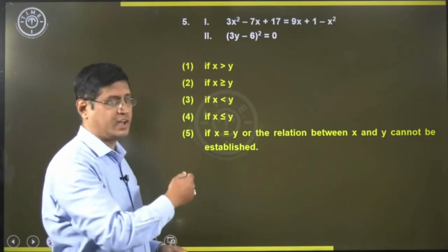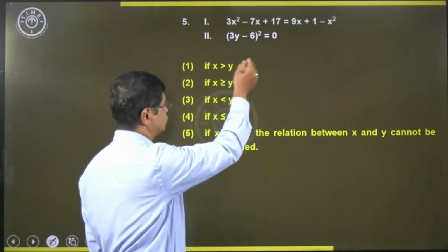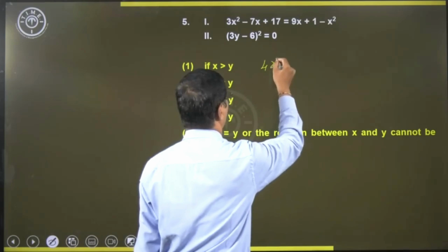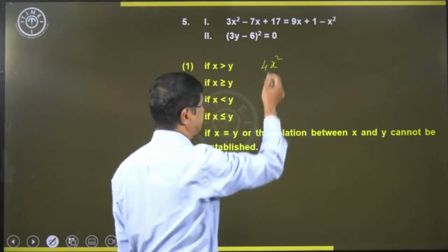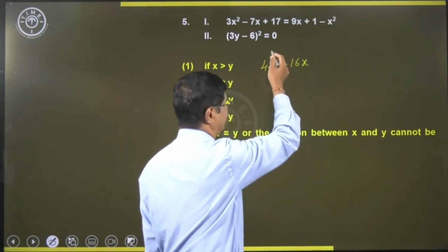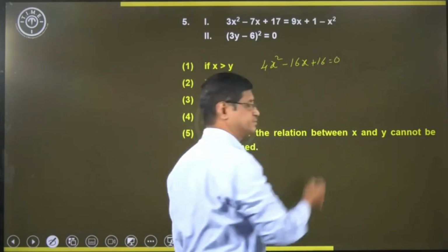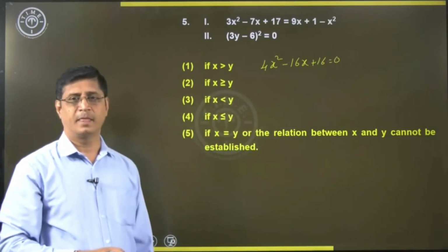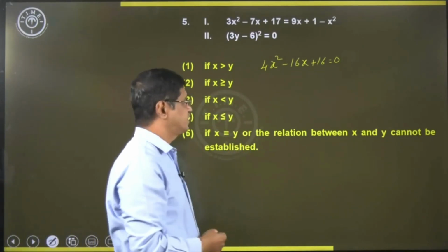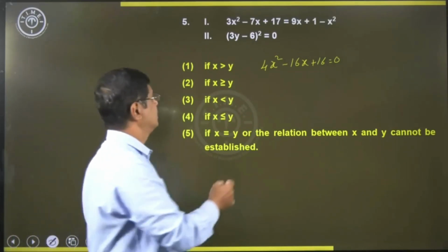Take minus x square, 9x and 1 on the left hand side. 3x square plus x square, that is 4x square. 7x plus 9x, that is 16x. 17 minus 1, it says 16 equal to 0. Okay, I am taking values on one side. My dear students, if you observe this carefully, here it is in the form of a minus b whole square. Look at the board just.